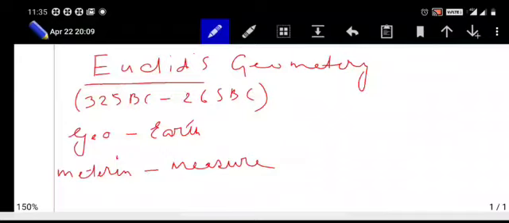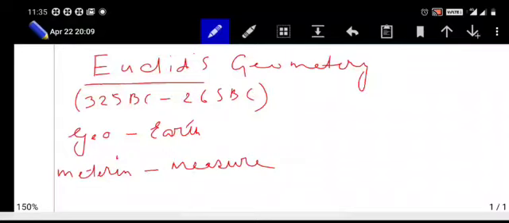For example, when you are drinking water in a glass, the concept of the shape of the glass, its size, length, and volume all comes from geometry. In geometry, different objects are explained, and how to calculate their volume and area comes under this section.